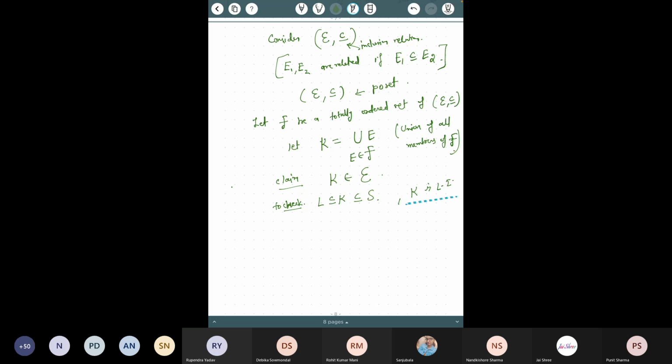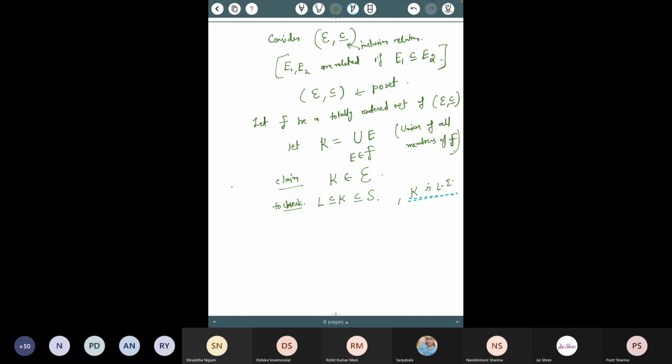Now the first thing is very straightforward. Can you tell me why this is true? No, we have to prove that K belongs to script E. This is our claim. So in order to prove this, we need to check these two things, right?